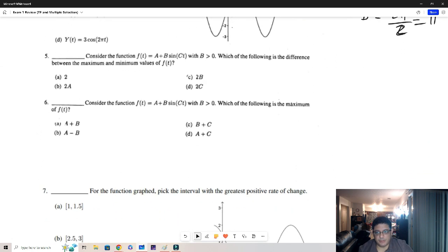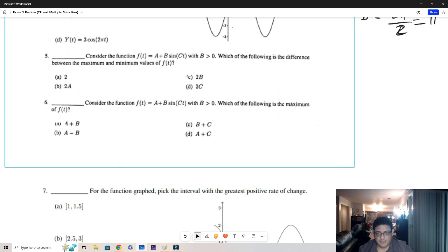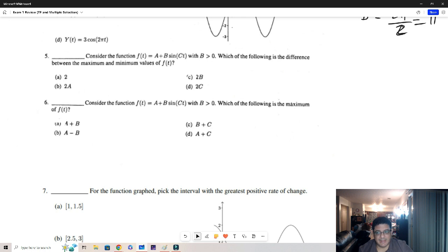Now, question number 5 has the function f of t equals a plus b sine of ct. And we know that b is bigger than 0. Which of the following is the difference between maximum and minimum values of f of t? And so we have 2, 2a, 2b, and 2c.